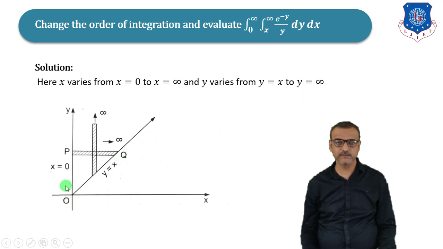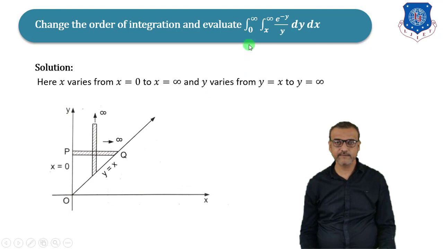So this is the x equals 0 line, this is the y equals x line, and as y tends to infinity and x tends to infinity, with the help of these four lines we get this region of integration. Now we have to change the order of integration.